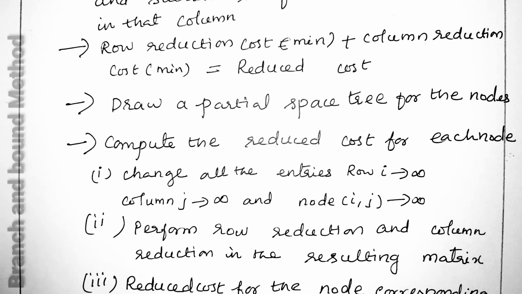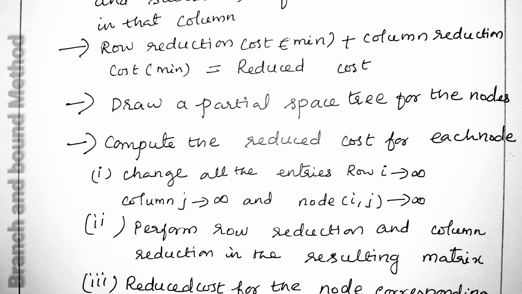Reduced cost is equal to row reduction cost plus column reduction cost. Then we have to draw a partial space tree for the nodes. Compute the reduced cost for all the nodes. First you have to change the entries of row i to infinity, column j to infinity, and entry (j, i) to infinity.